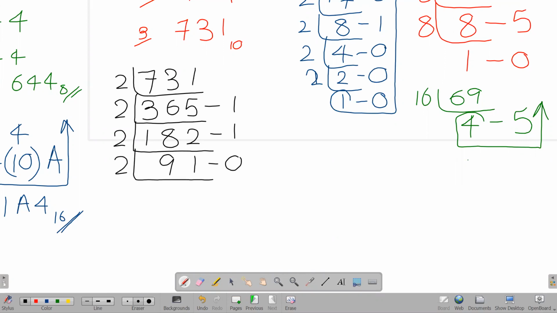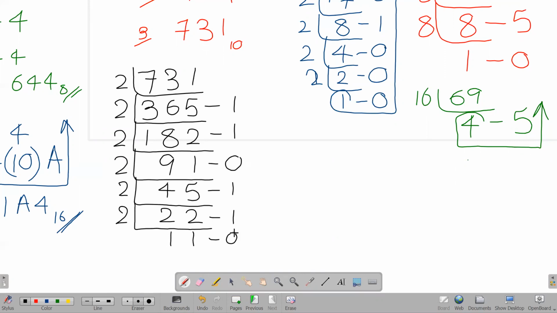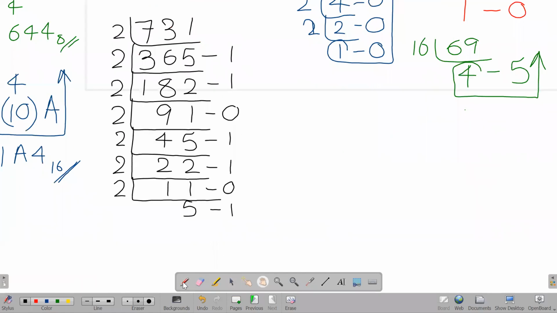Doing it by 2 again, 45, 1 is remaining. Again by 2, 22, 1 is remaining. Divided by 2, 11, 0 is remaining. Divided by 2, 5 and 1 is remaining. Divided by 2 again, 2 and 1 is remaining. And finally, 1 and 0 is remaining.